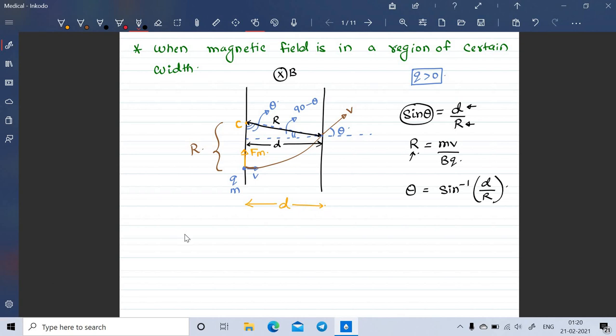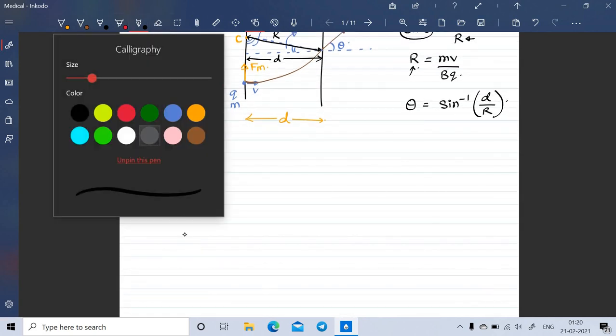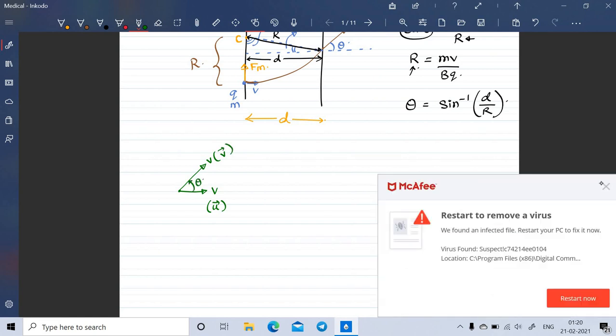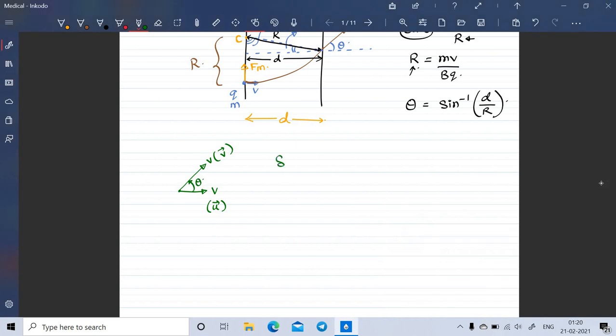Now, if I talk about deviation, the initial velocity is in this direction, and final velocity is in this direction. This is the angle theta. So deviation is theta degrees, and we should always say the sense. That will be anti-clockwise.